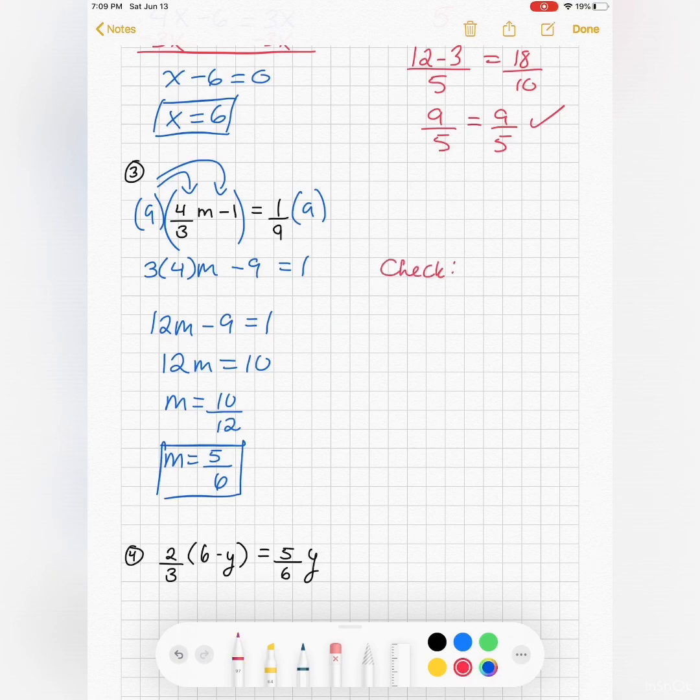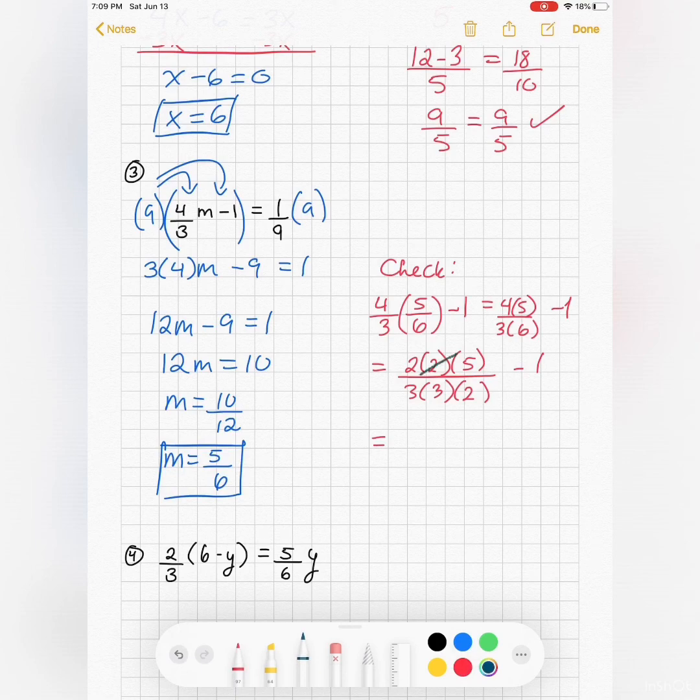Let's check. What do I have? 10/9 minus 9/9. Oh, look at that. 1/9.